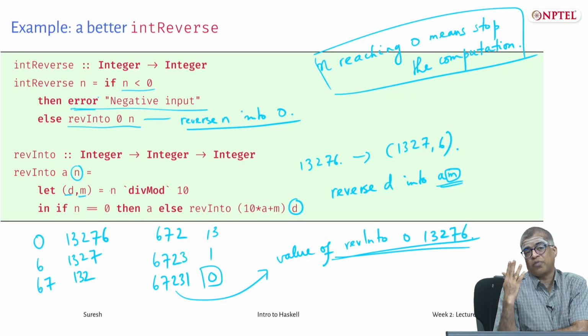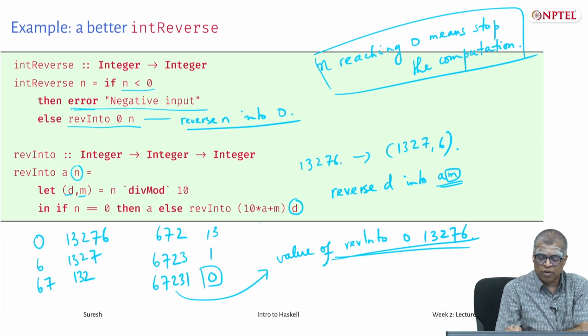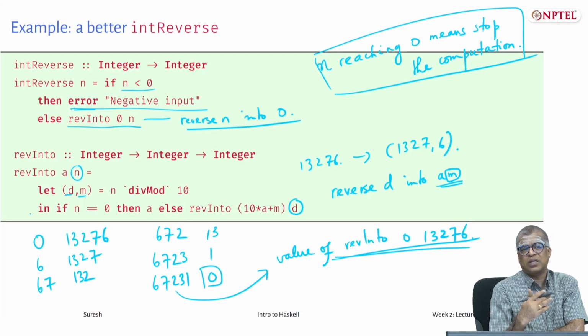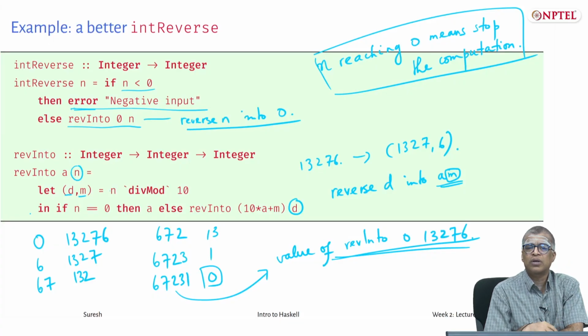Sometimes if you just think of a smart idea like this, reversing into an accumulator, then your program becomes much cleaner and the auxiliary tasks that you need to do are much simpler. Clearly this is a much better function to write than the original one, right? So this intReverse is much more compact than the earlier one which involved power, intLength and so on.